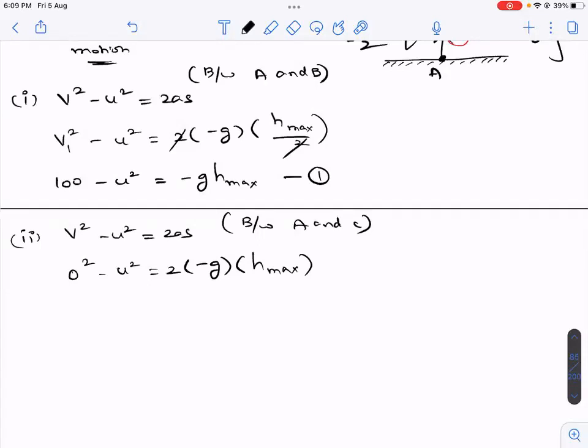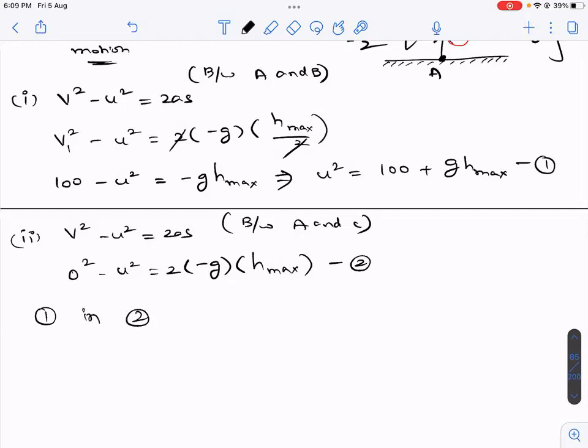Am I clear? So in the first equation, I'll do a small modification. From this, I'll say u square is equal to 100 plus g into h max. This I'll take as 1. This I'll take as 2.